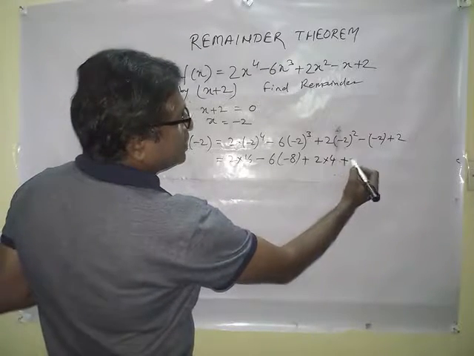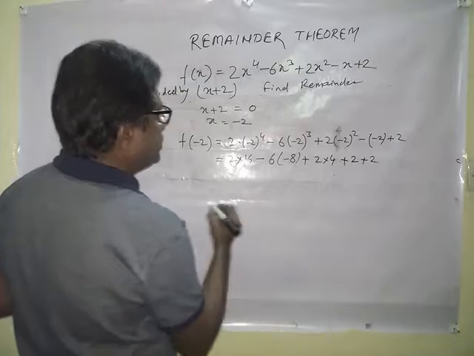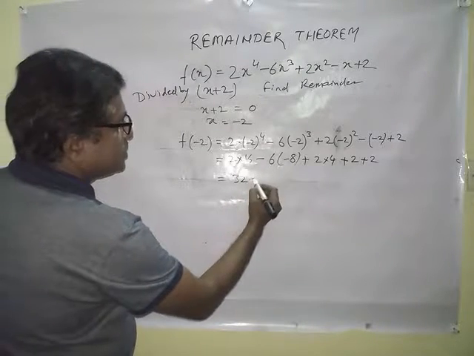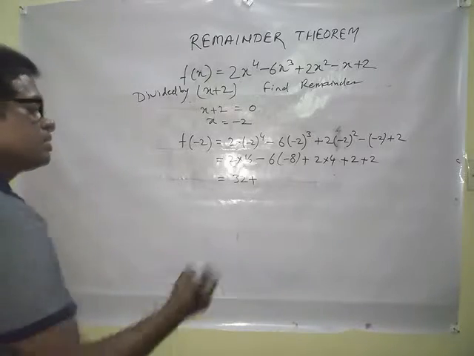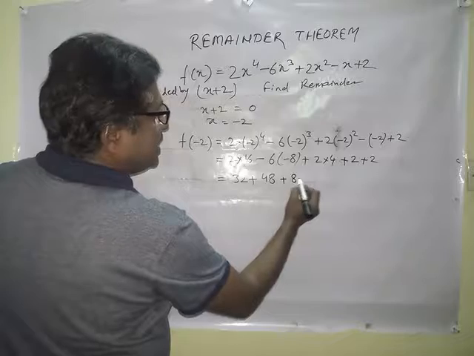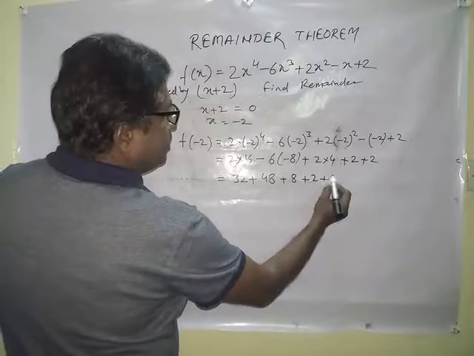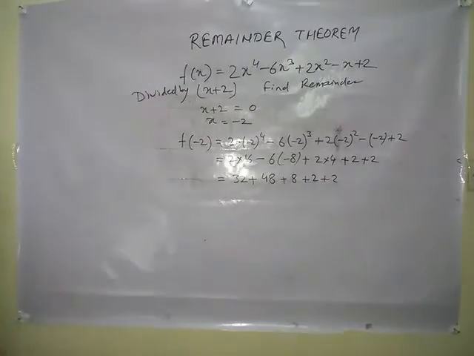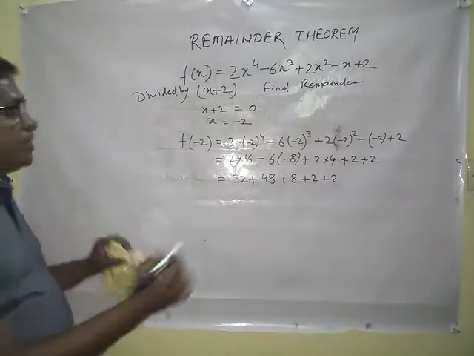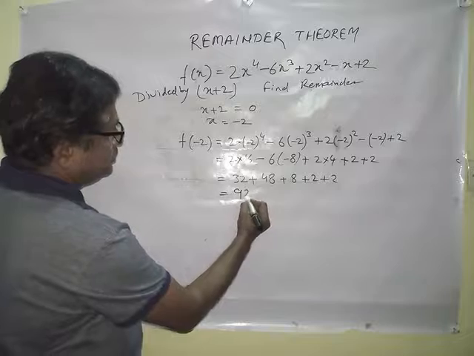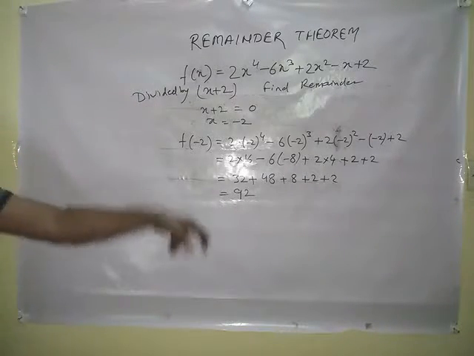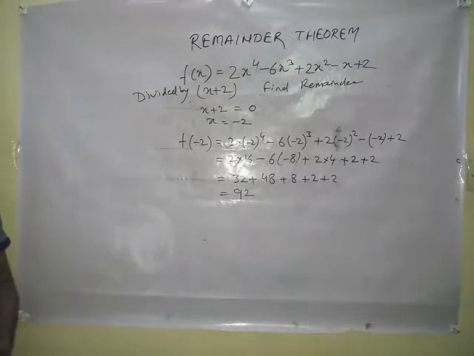Minus minus becomes plus, so 32 plus 48 plus 8 plus 2 plus 2. So this will become 92. That is how you have to solve this.